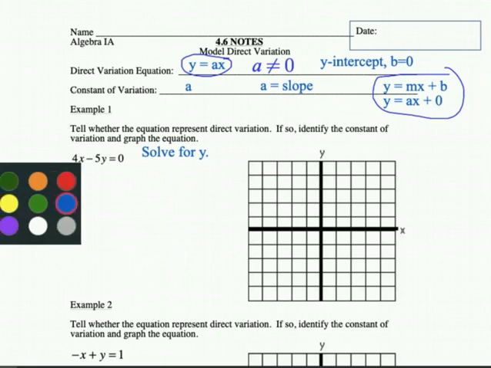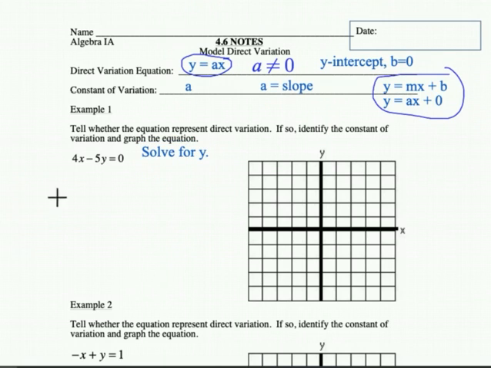In order to solve for y in this equation, y is the variable I need to get by itself. So the first thing I'm going to do is subtract 4x from each side. Subtracting 4x from each side will leave me with this equation. This will cancel: 4x minus 4x is nothing.